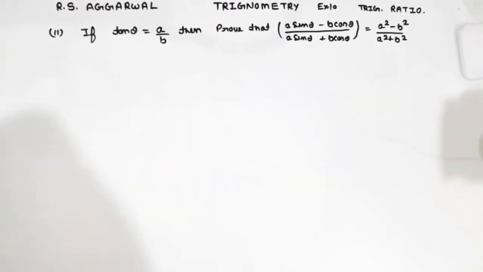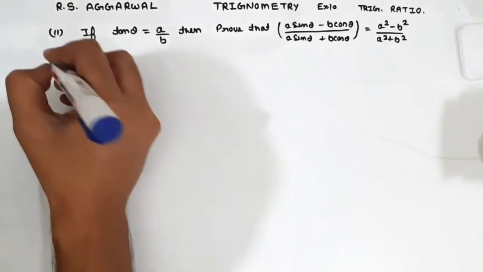R.S. Agrawal, chapter trigonometry, exercise 10, trigonometric ratio. Problem number 11. In problem number 11, if tan theta equals to A upon B, then prove that A sin theta minus B cos theta upon A sin theta plus B cos theta will be equals to A square minus B square upon A square plus B square.